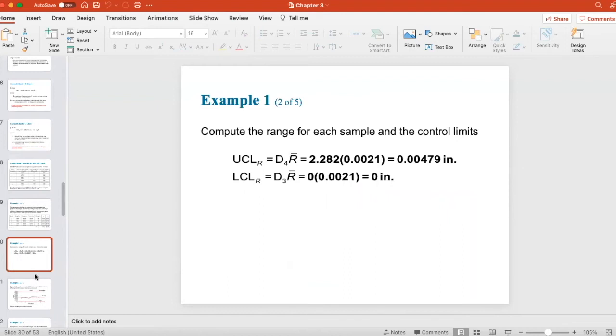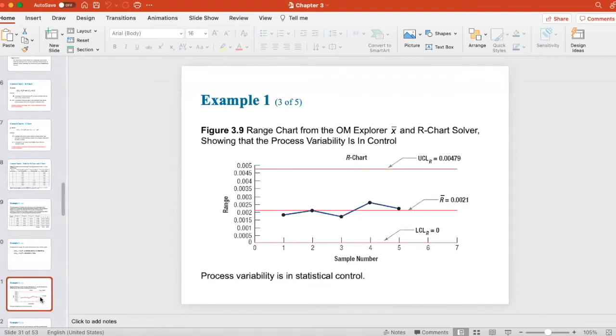After you get UCL and LCL for the R chart, you can double check following exactly the way I just mentioned, and you find the result looks like this. Remember, a control chart is a visualization of the whole process.